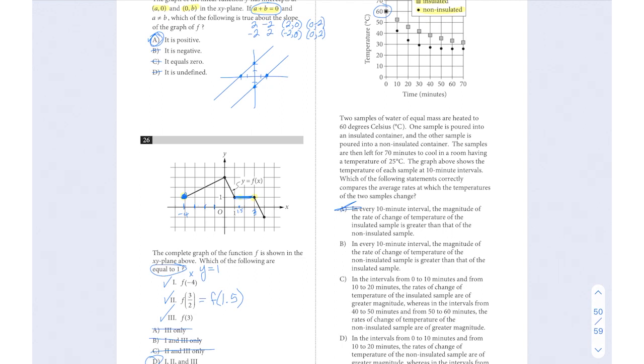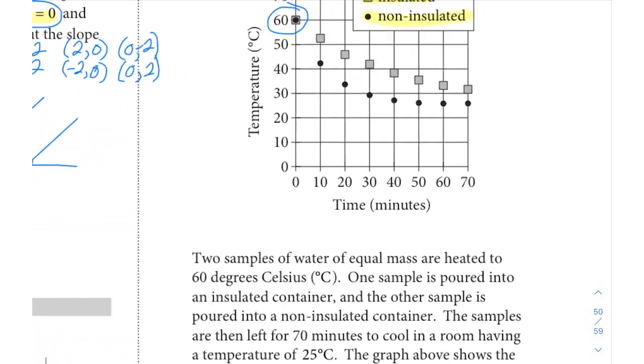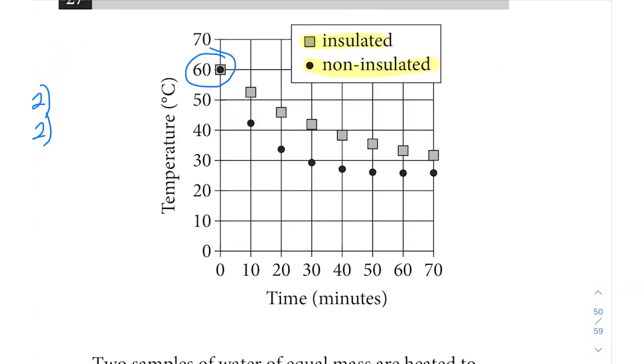And that seems pretty accurate at the beginning, right? We have much bigger drop-offs here for the non-insulated versus the insulated. But it does say at every 10-minute interval. And so if I look a little bit later on, what happens with that non-insulated one? Let's come back up here to the graph, but we can see that it drops off really quickly. But then once it gets to 25 degrees, remember the room temperature in this question is 25 degrees, we see that it basically levels off to where you have no change.